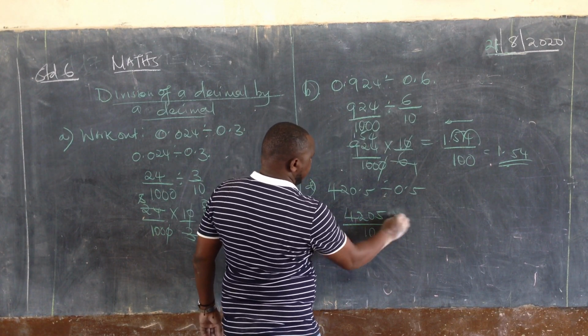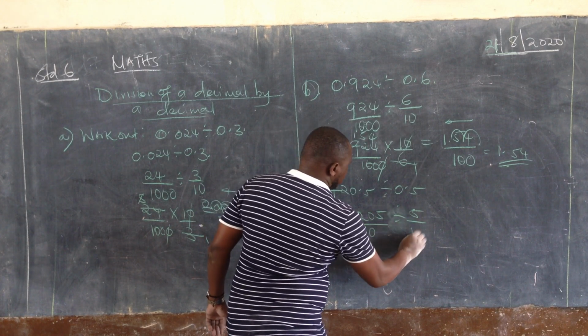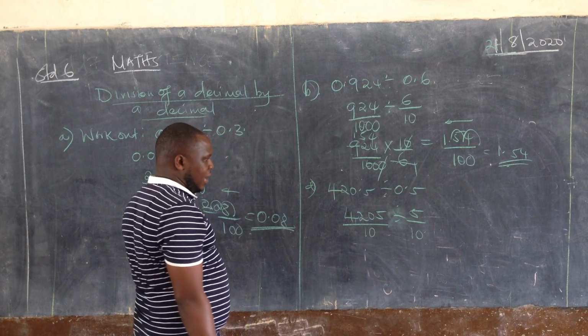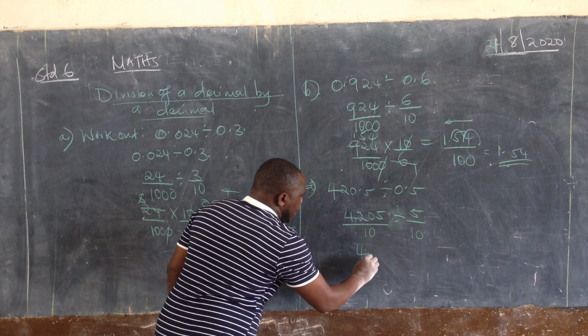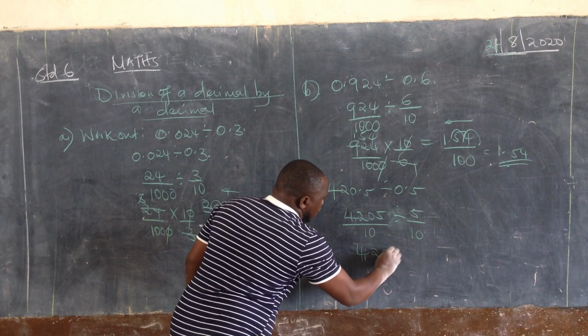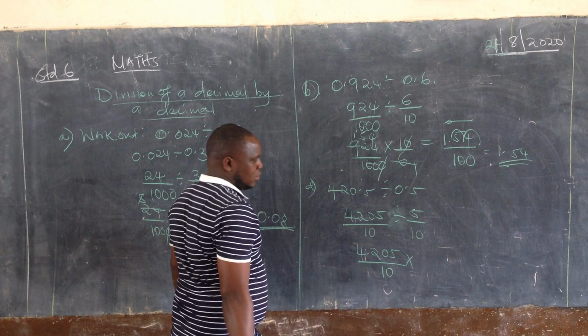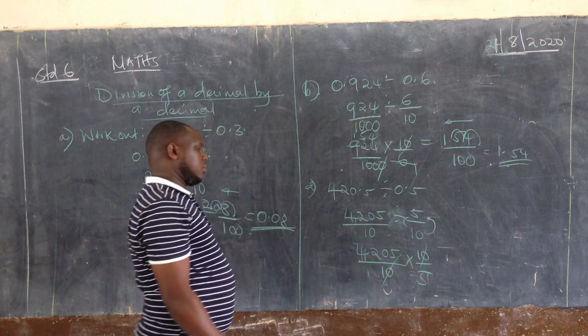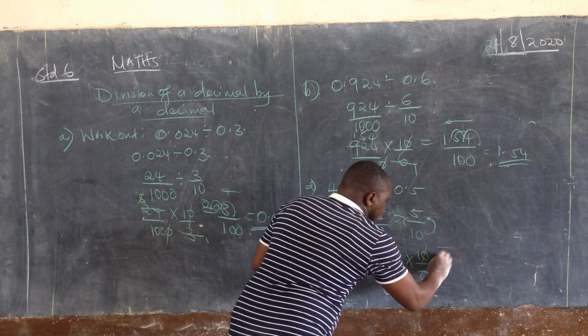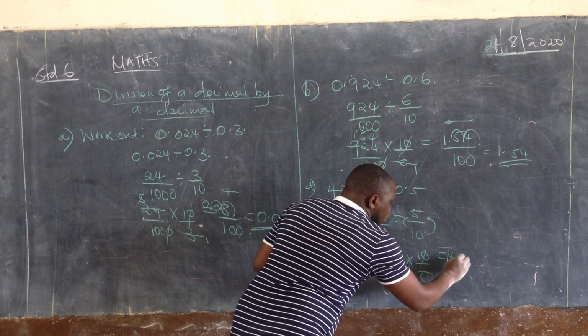From there, this is going to be 4,205 over 10 times the reciprocal of this, which is 10 over 5. So this and this will cancel. We remain with 4,205 over 5.